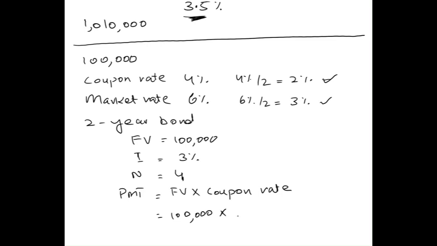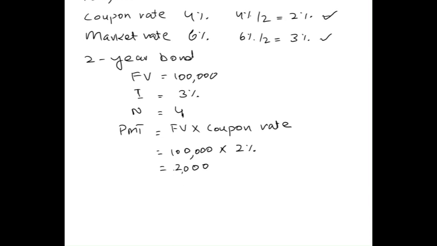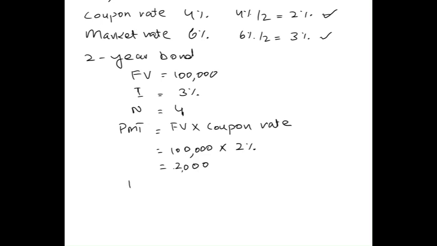So the coupon rate is 2%. This will come out to be $2,000. And then your present value will be equal to 96,282.90.